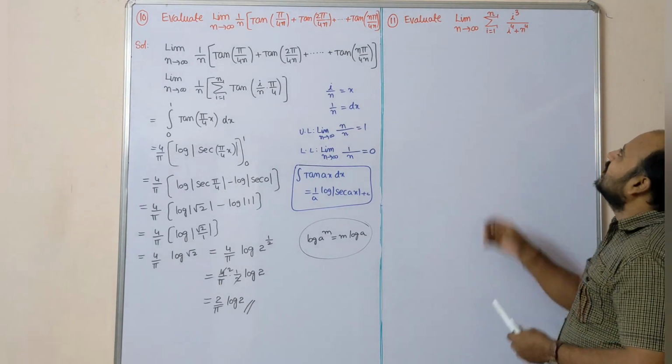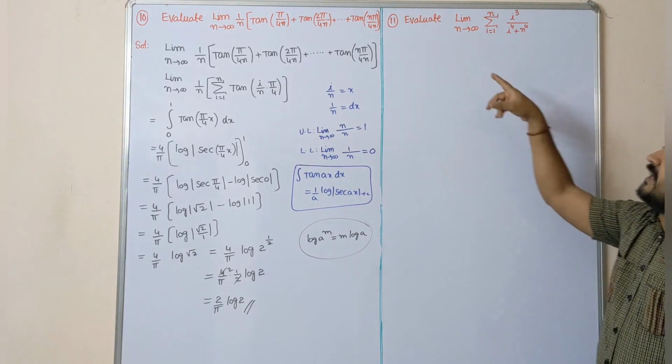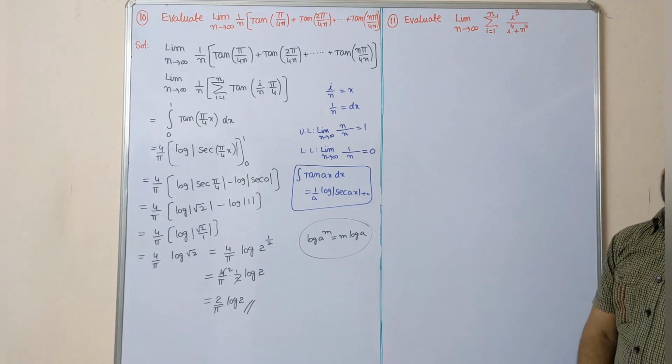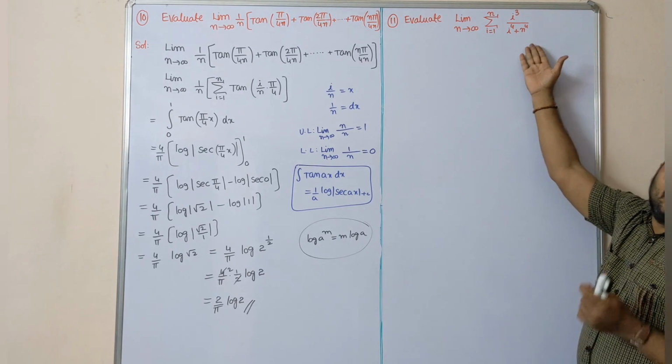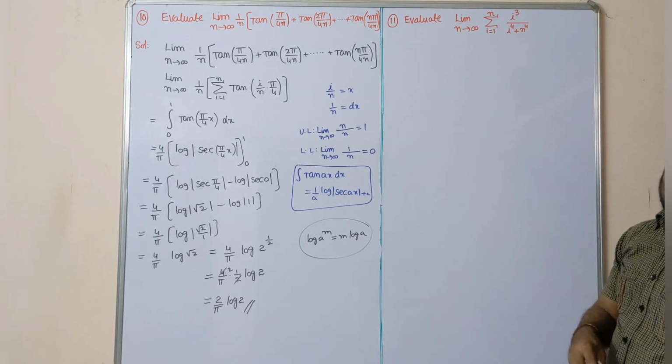How to get it: in the numerator the power is 3, in the denominator the power is 4. So divide numerator and denominator by n power 4.